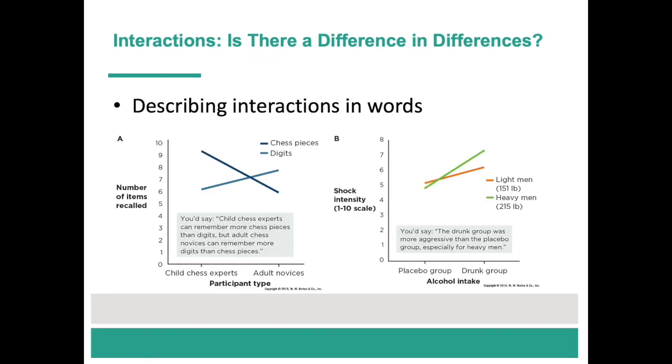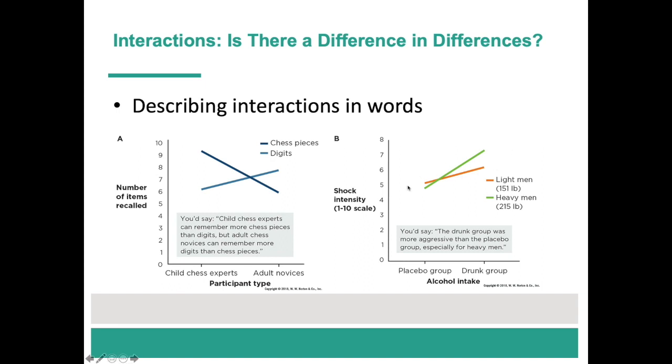So describing an interaction in words. For here, the chess pieces and digits are the groups, and then you have child chess experts and the adult novices from before. One way we could say this is child chess experts can remember more chess pieces than digits, but adult chess novices can remember more digits than chess pieces, so there's a reversal there.